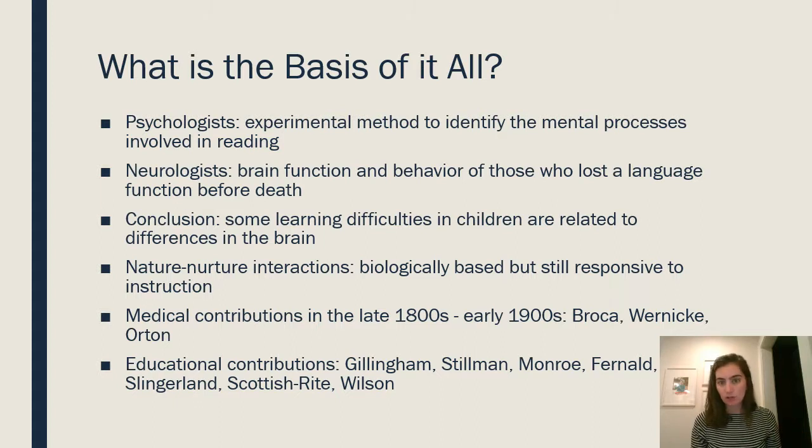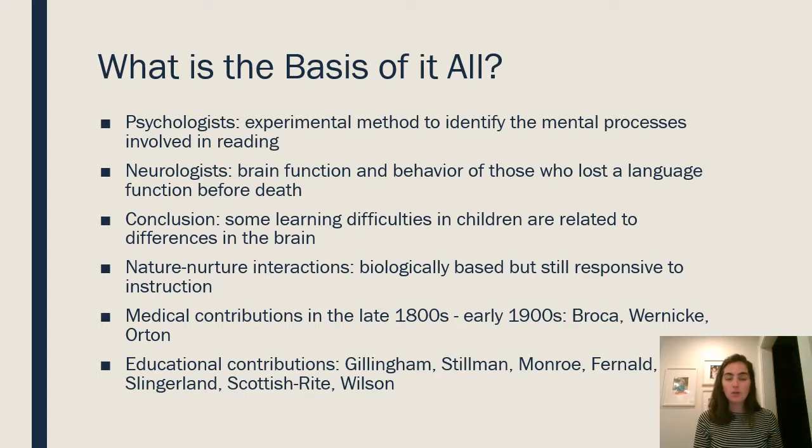So we knew this 100 years ago, that there are neurological differences that make learning hard for some people. They used to call it word blindness at some point too, because they thought maybe it was a visual thing, but through psychology and neurology, it started to become less of a visual impairment, and they realized, okay, this is a difference in brain function.